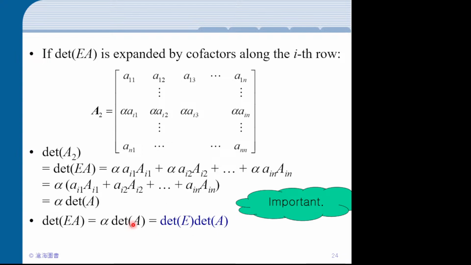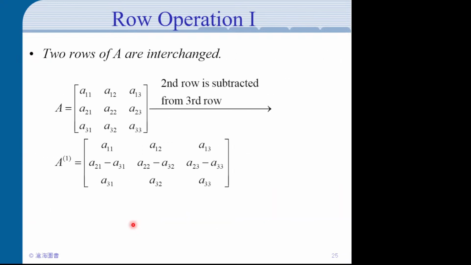Okay, so this one is easy. And the last one is actually a little tricky to prove. Row operation 1 is you exchange two rows. And here we cheat a little bit, and we use row operations 2 and 3 to prove this.